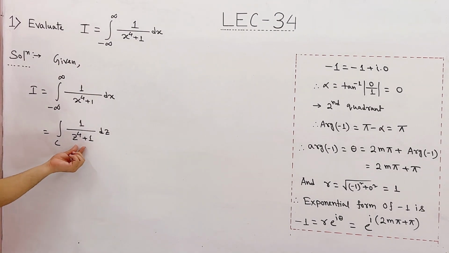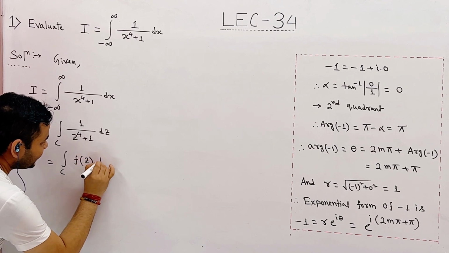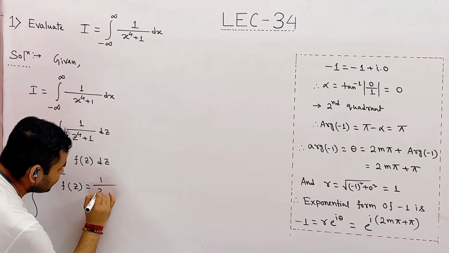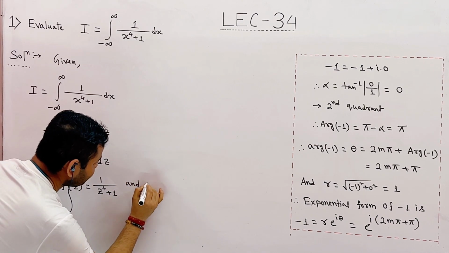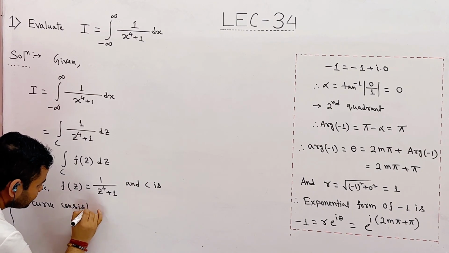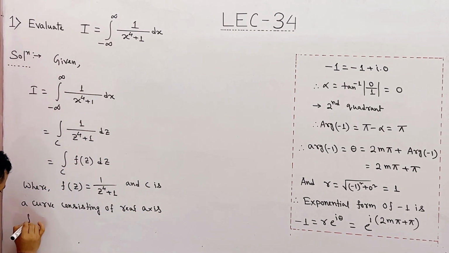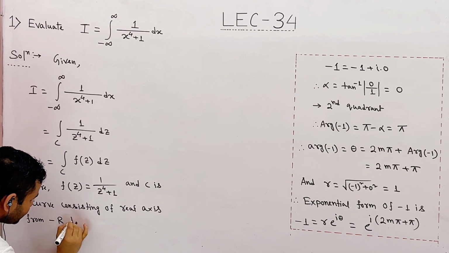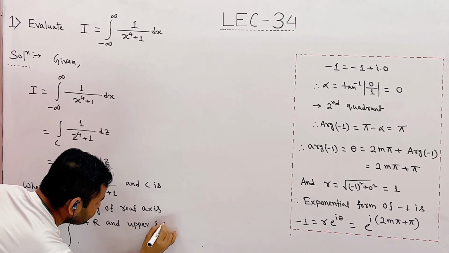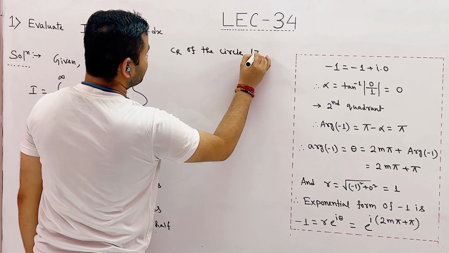So here we have seen that we get an integral in terms of z only, and this integral can be written as integration along curve C of f of z into dz, where f of z is equal to 1 by z to the power 4 plus 1, and C is a curve consisting of the real axis from minus R to plus R and the upper half of the circle modulus of z is equal to R.